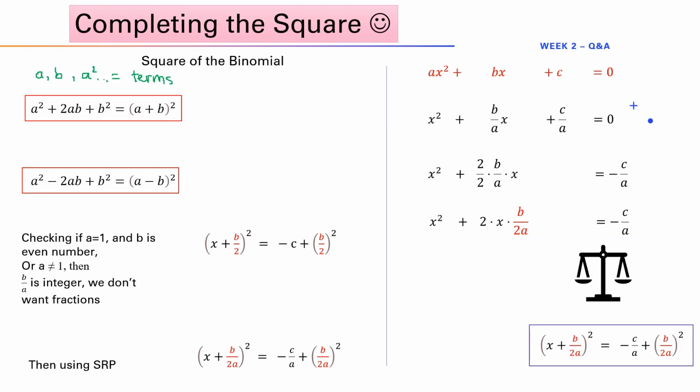And for the quadratic equations, the standard form is ax squared plus bx plus c equals 0, and a, b, c here are the coefficients.